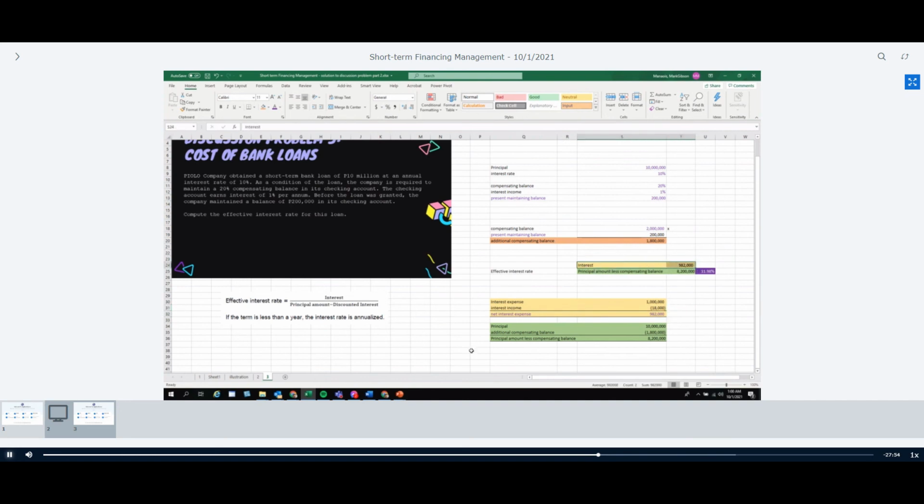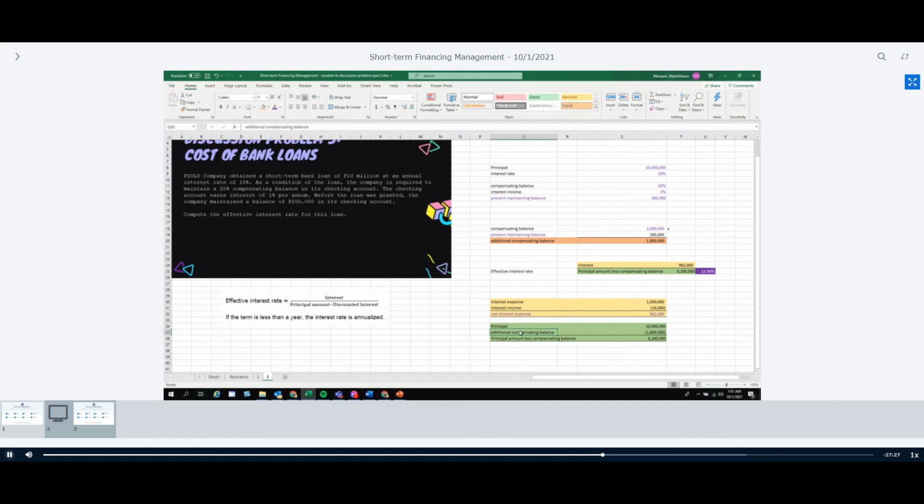Ngayon, pag-usapan natin yung denominator. Denominator is principal amount minus the discounted interest, or in this case, additional compensating balance. Kasi there's no mention that the interest expense is paid in advance. So we can assume that it's paid towards the end. So it's not a discounted loan. Okay, so principal, that's 10 million, it's given.